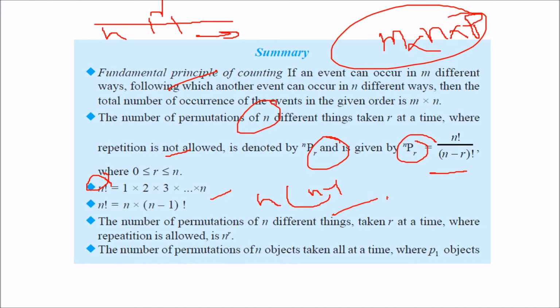You can also write this as N minus 1 factorial, N minus 2, and likewise.